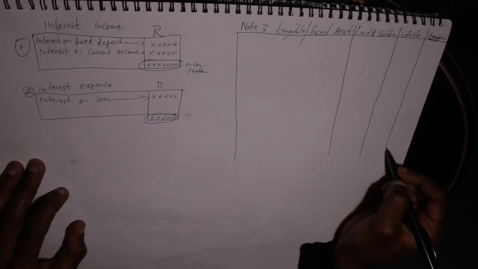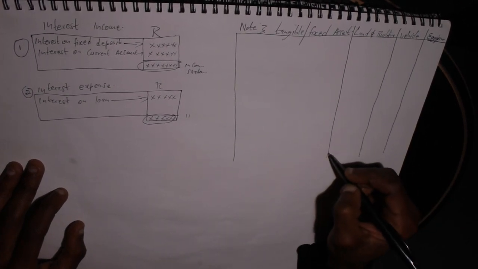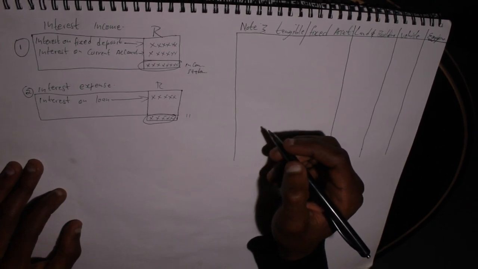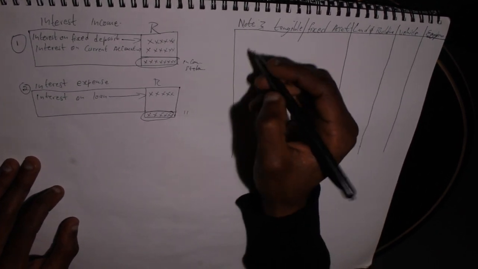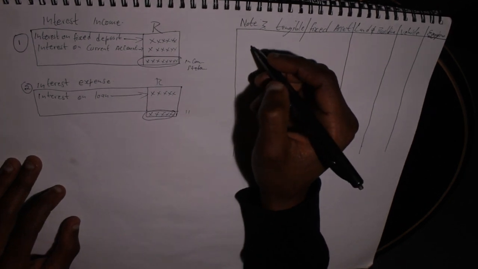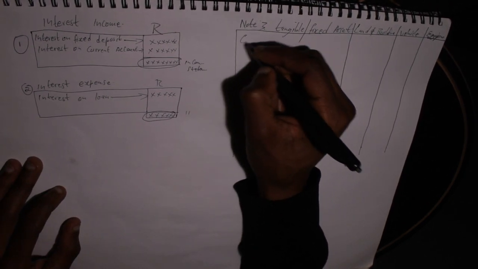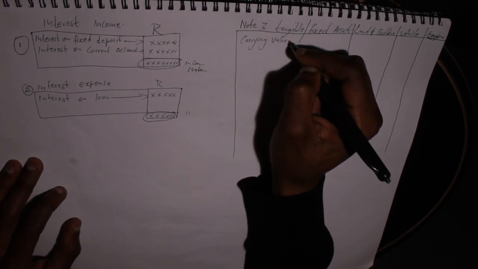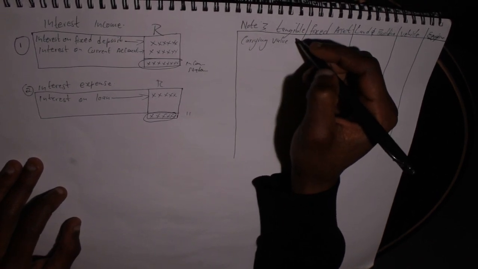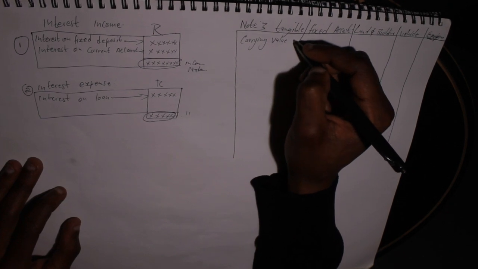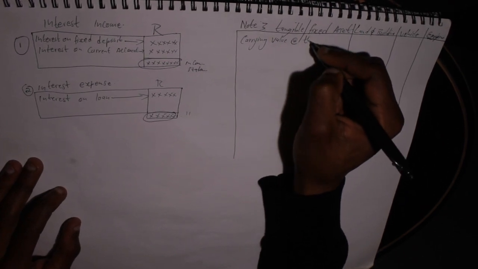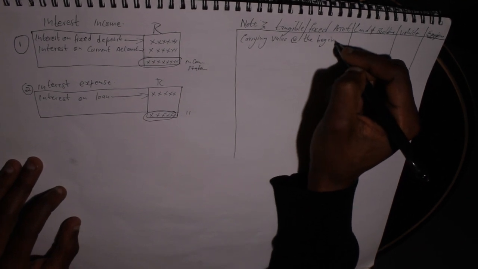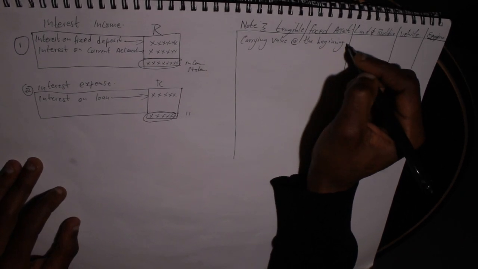All right, before I close it down, let me make sure that I show you the structure or the format. So the format looks like this. So number 1, we have carrying value at the beginning, right?